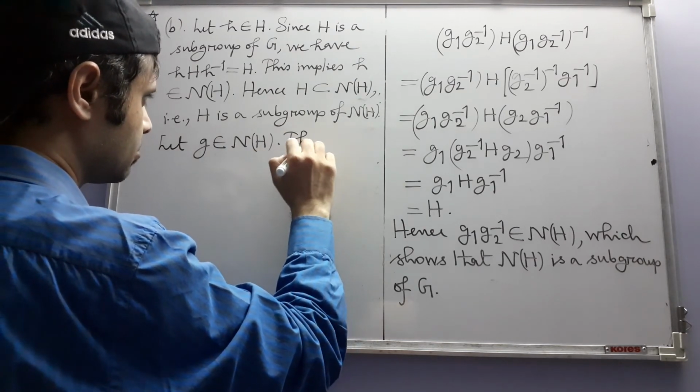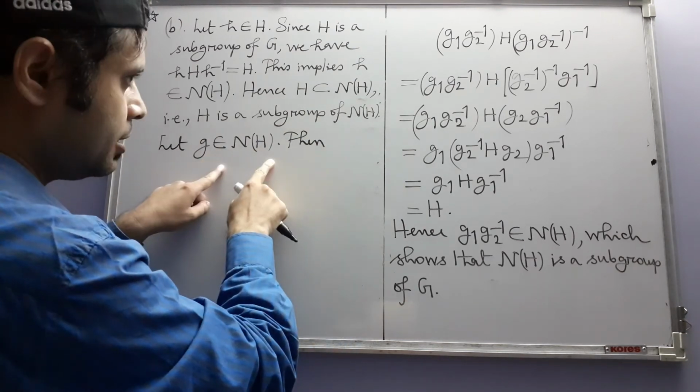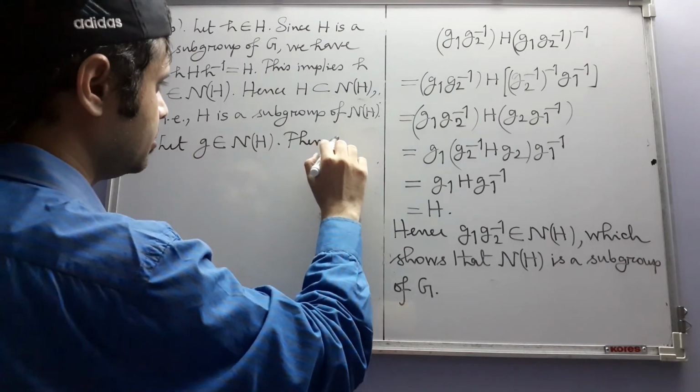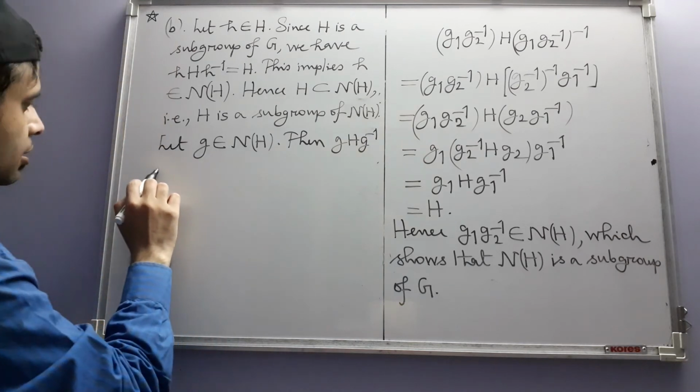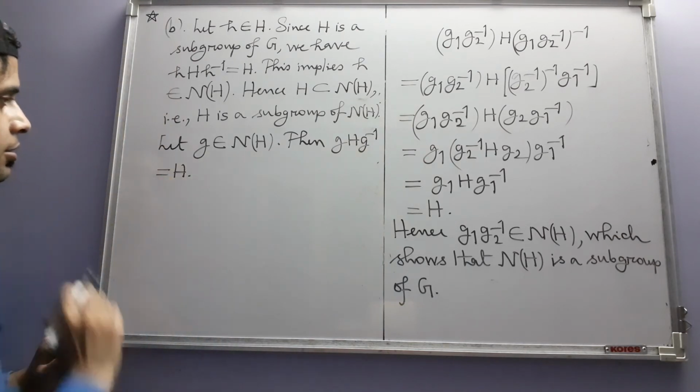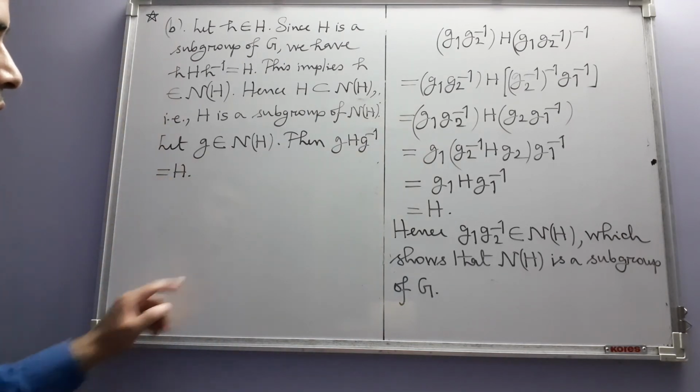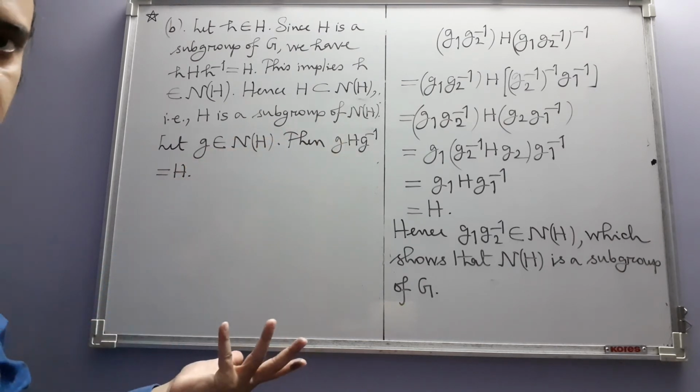Then, since g is in NH, by the definition of NH, gHg inverse will be equal to H, but that just says that H is normal in NH.